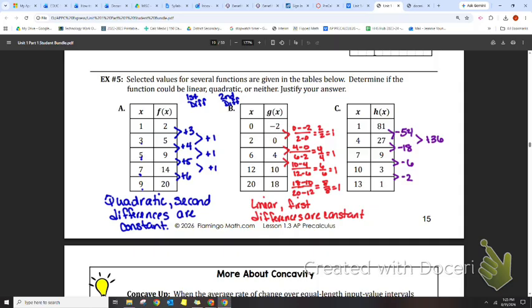All right, negative 18 to negative 6. I'm getting bigger, so I would add 12, and negative 6 to negative 4, I would add 2. So this is not quadratic either, because second differences are not constant. So this is neither.